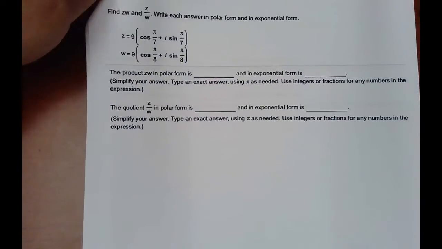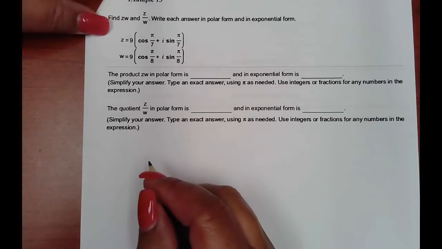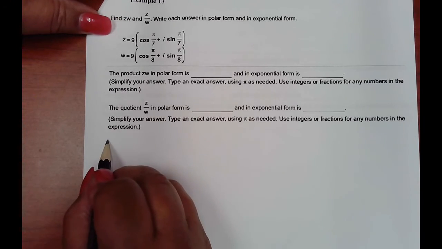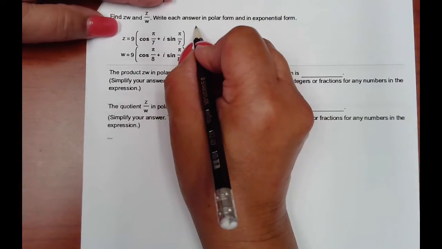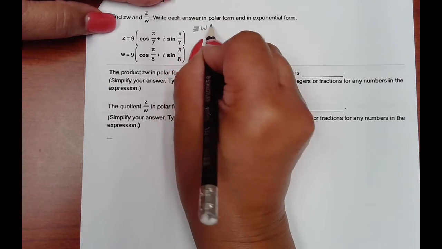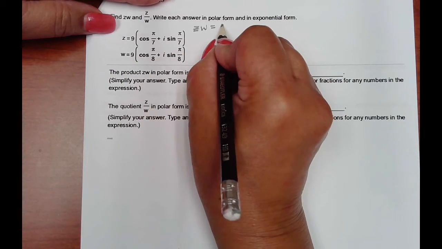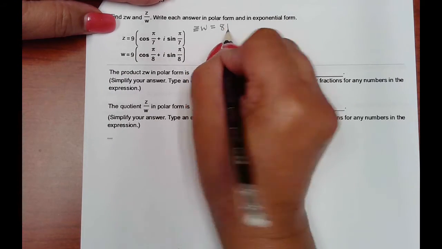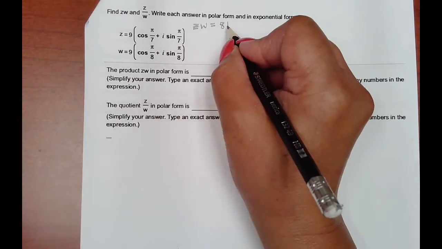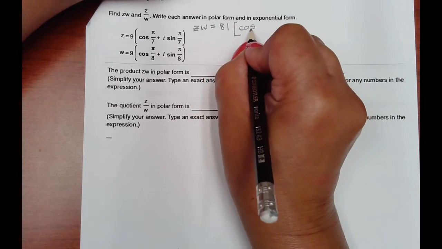Okay, moving to number 13. Example number 13. I'll do some of the work here. We're going to be doing the product. So we're multiplying this R times this R, getting 81. Then it's cosine.